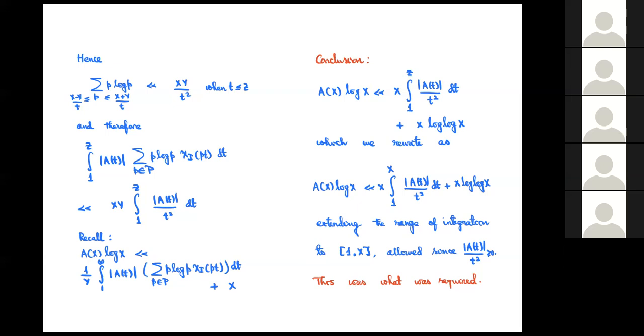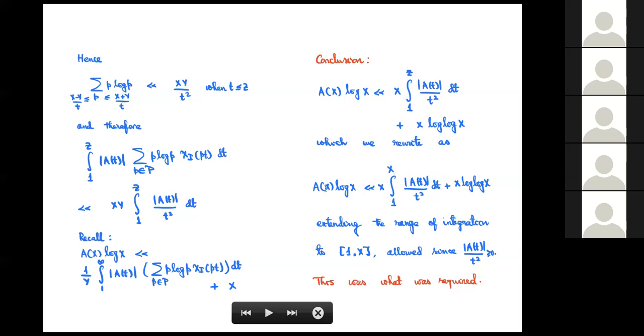And now we have to pause and look for a moment at what we have achieved. If you divide this entire relation by x over log x, you get A(x) by x is at most 1 by log x times the integral from 1 to x of |A(t)| by t square dt.